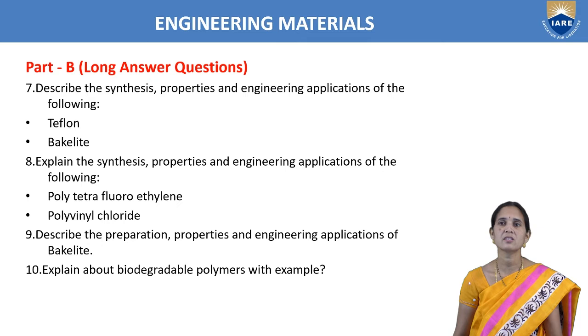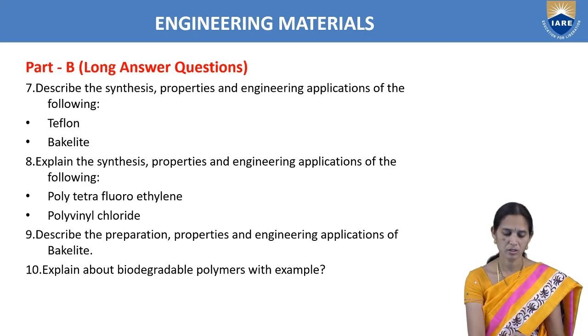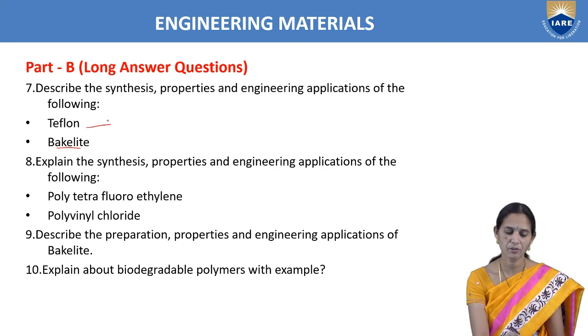So next one, describe synthesis, properties and applications of the Teflon and Bakelite. So already we discussed Bakelite. Teflon, it is very simple. So we will take tetrafluoroethylene, a number of molecules.